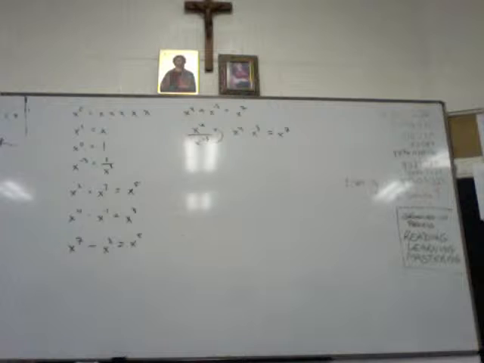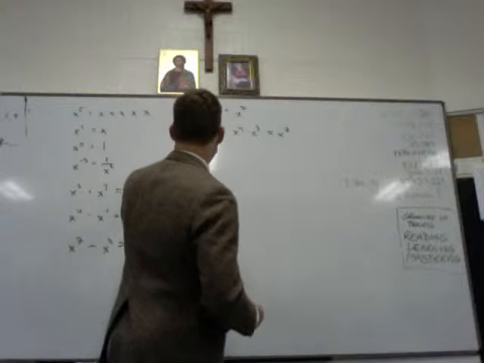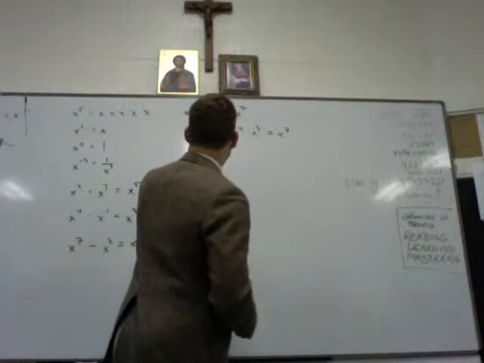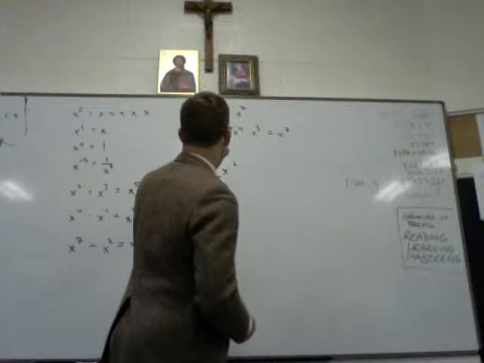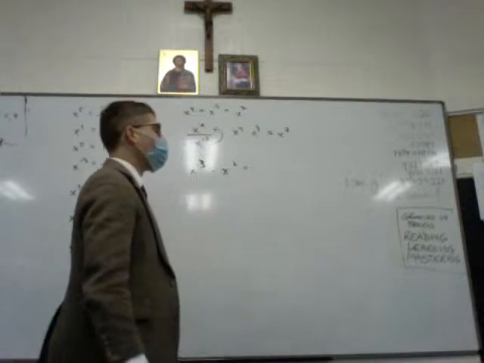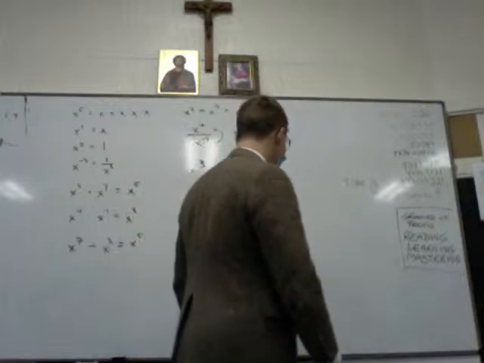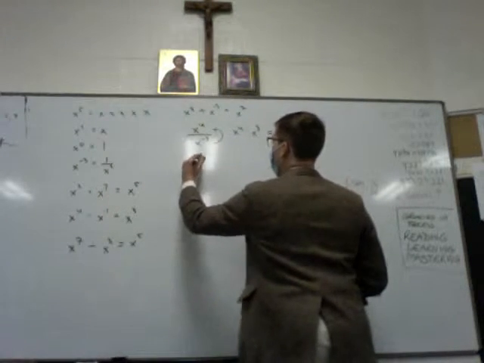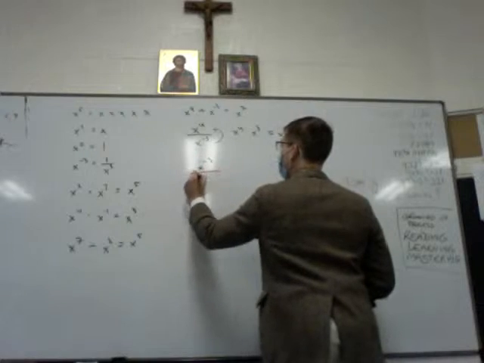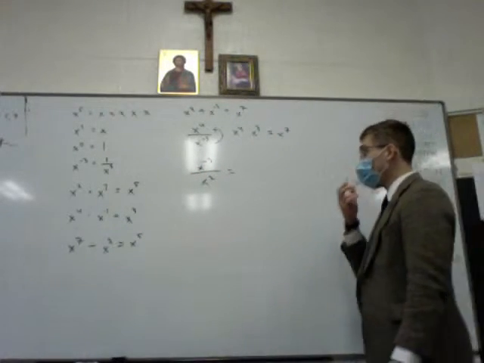All right. So we subtract when there's division involved. We could also have x to the negative 3 divided by x squared. What's x to the negative 3 divided by x squared? Here, let me write it this way. x to the negative 3 divided by x squared. What are we going to have? x to the negative 5.